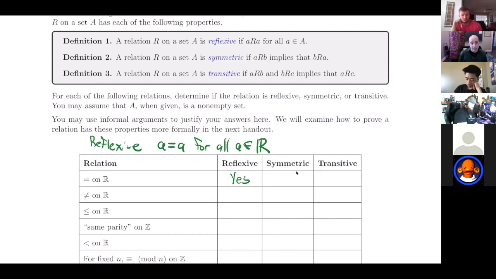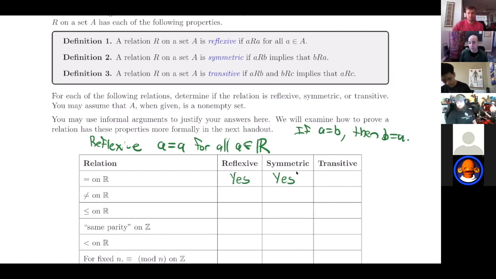If we wanted to check symmetric, then we'd want to see, if a is equal to b, then is it true that b equals a? And that is also true. That's what we're checking for symmetric.